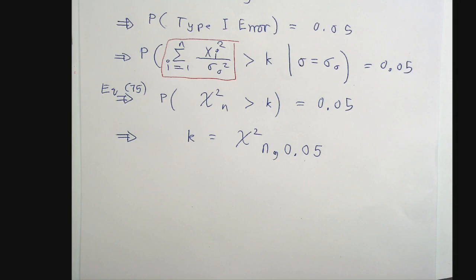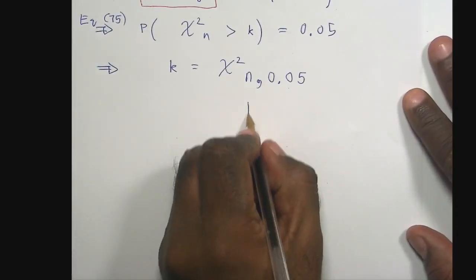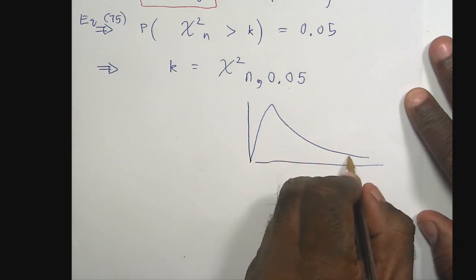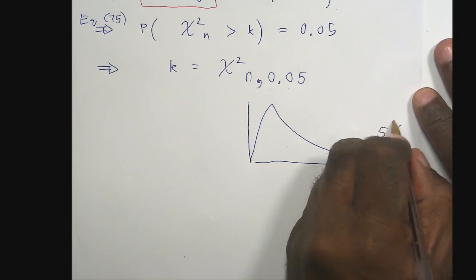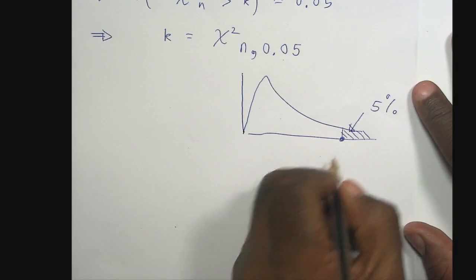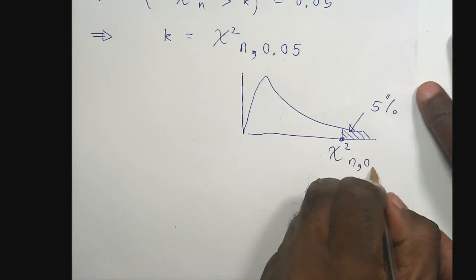Remember, the way I write percentiles is different from other courses. When I write, suppose this is 5% of the total area, then this point here, according to my notation, will be chi-squared n 0.05.